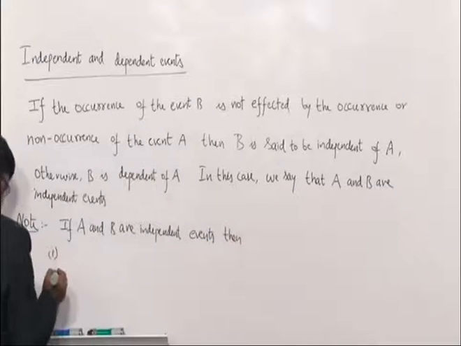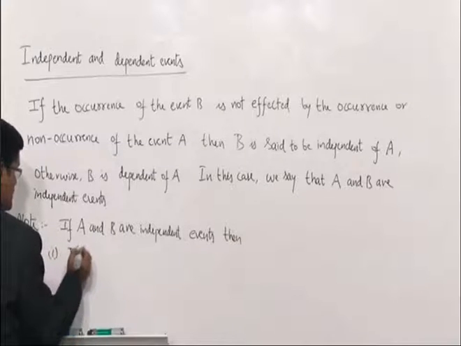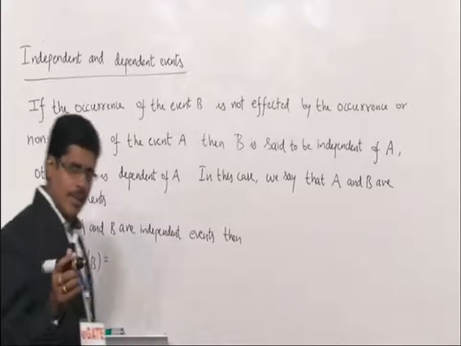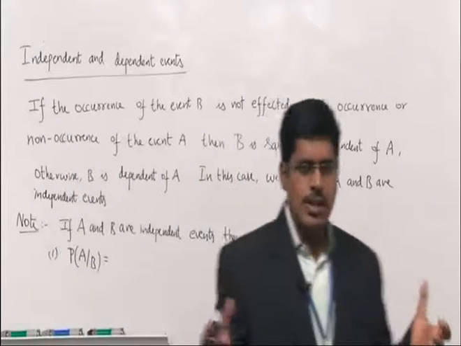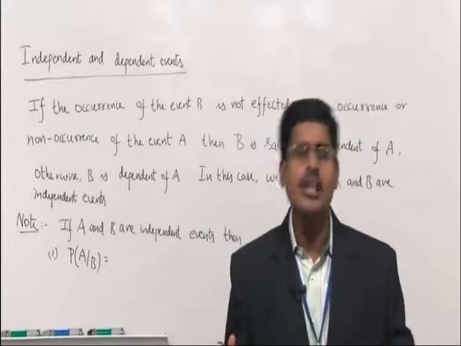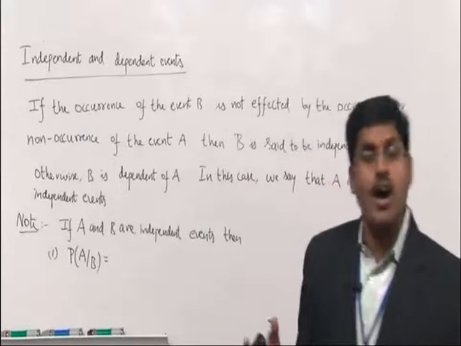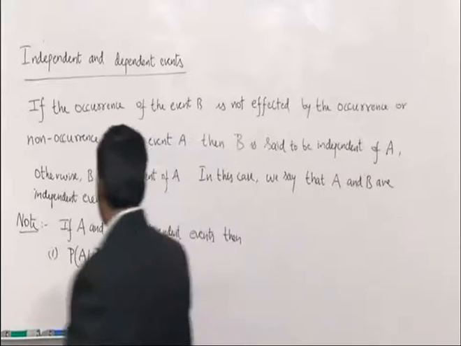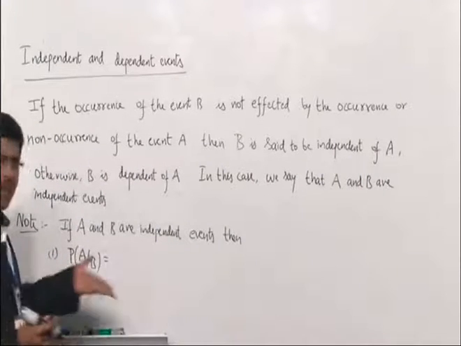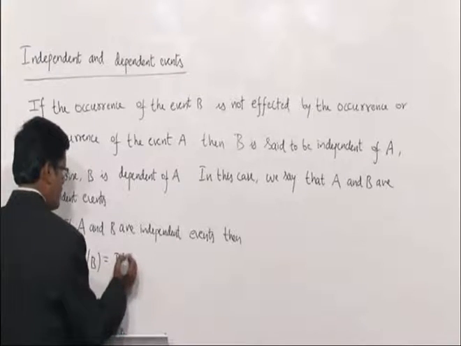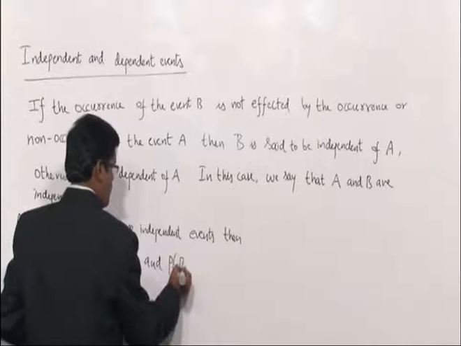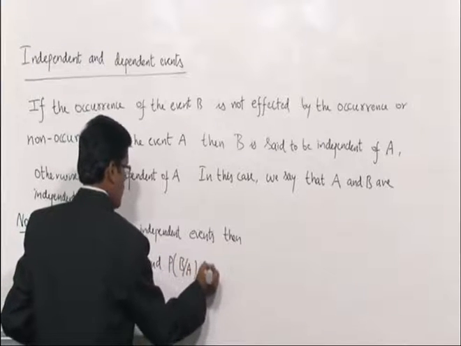One, the conditional probability A given B. Actually, in the conditional probability A given B, the numerator depends on the denominator. Whenever the events are independent, the conditional probability becomes the probability of the numerator only, that is P of A given B is P of A, and the probability of B given A is equal to the probability of B.